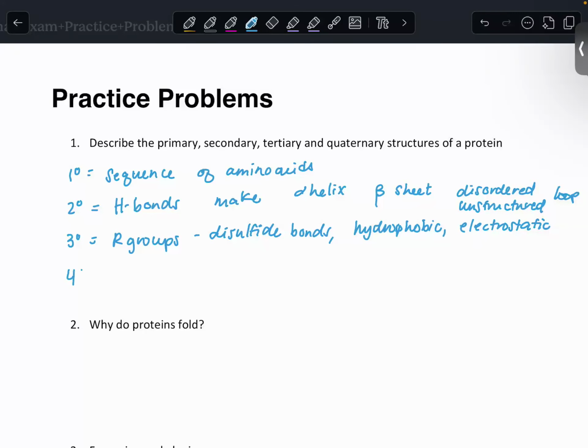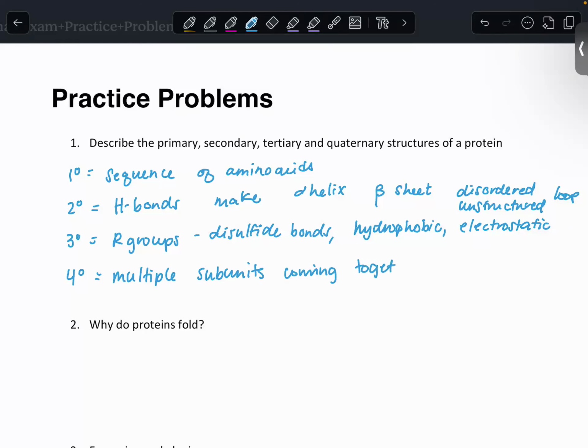What about quaternary? What's the main gist of a quaternary structure? Multiple subunits. How are they coming together?